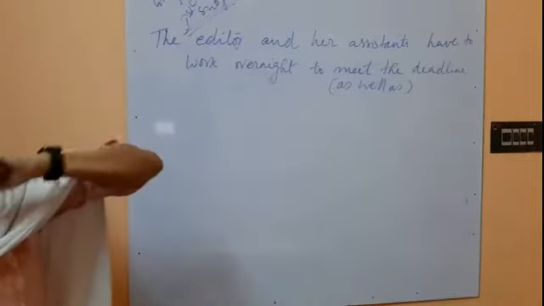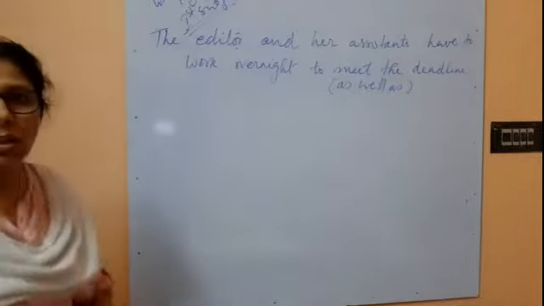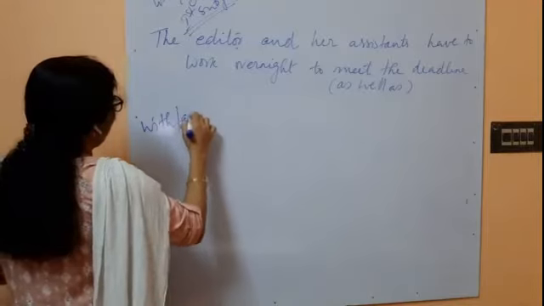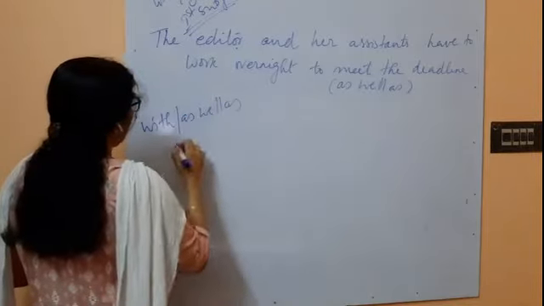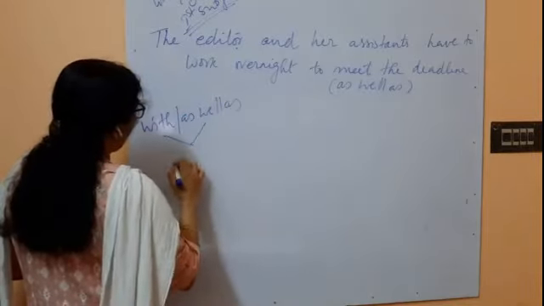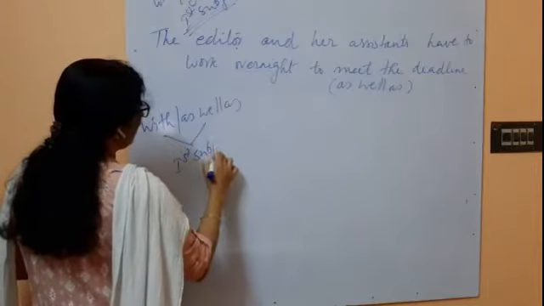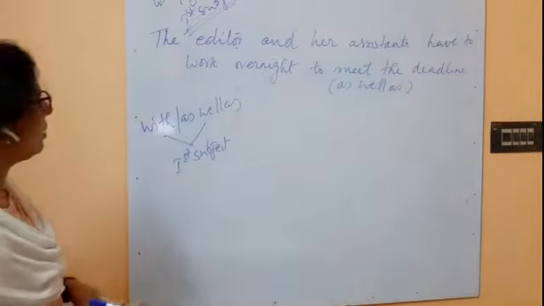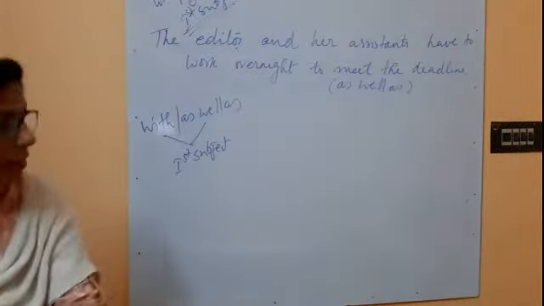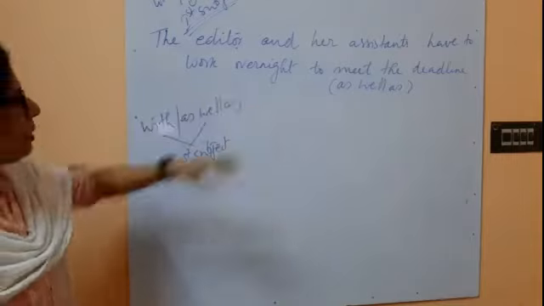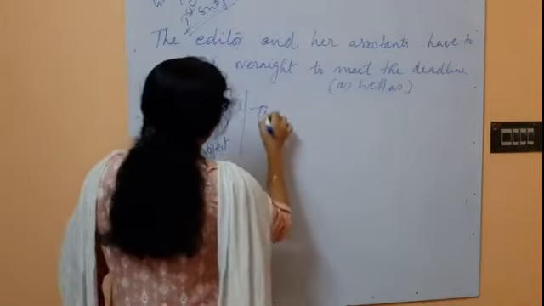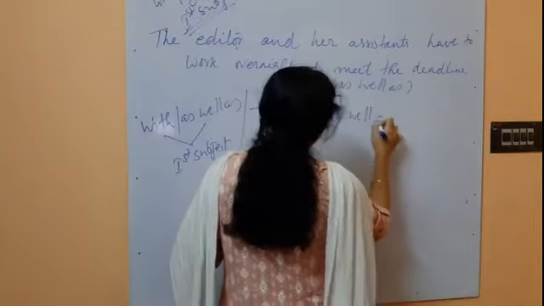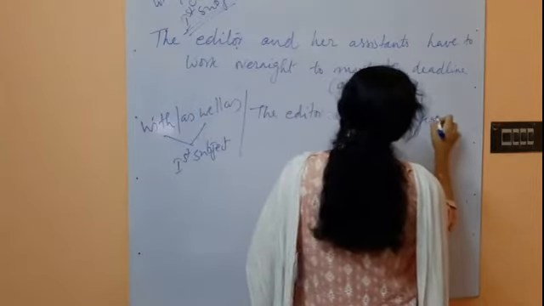When you combine two sentences, with "with" or "as well as", the verb agrees with the first subject. So that you have to remember when you combine the sentence. Understood? So the editor and her assistants have to work overnight to meet the deadline. So the answer will be: the editor as well as the assistants.